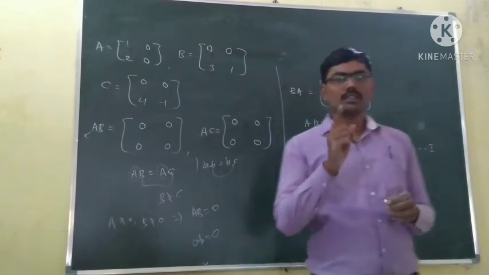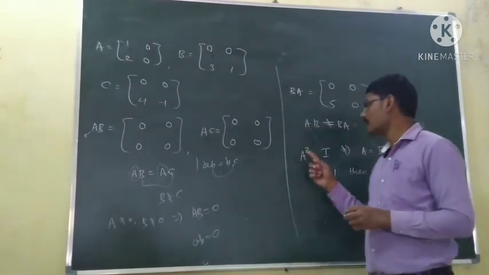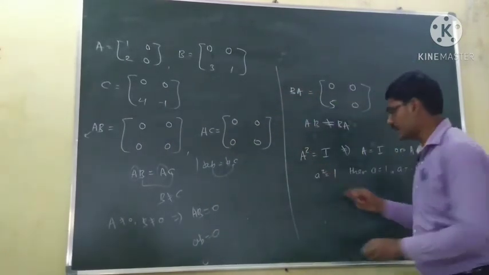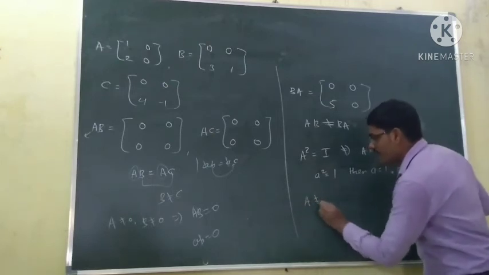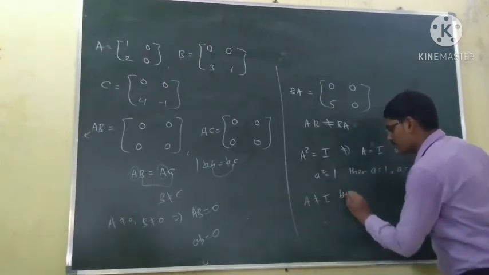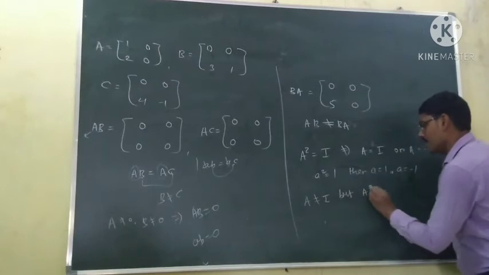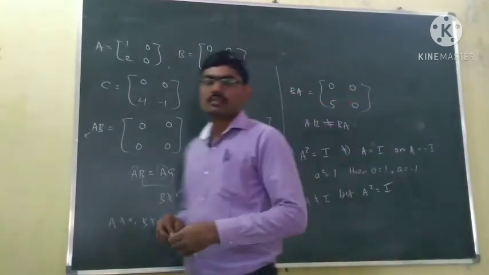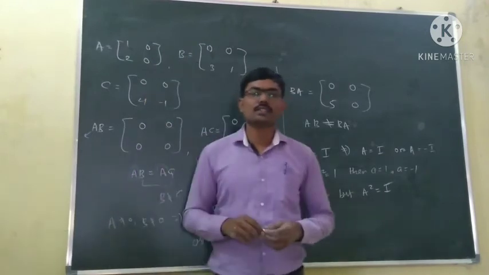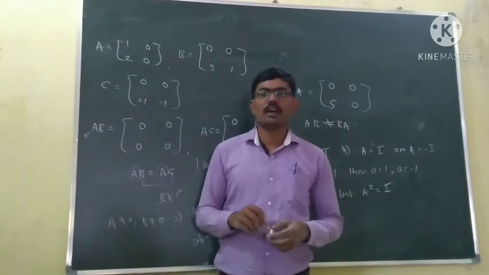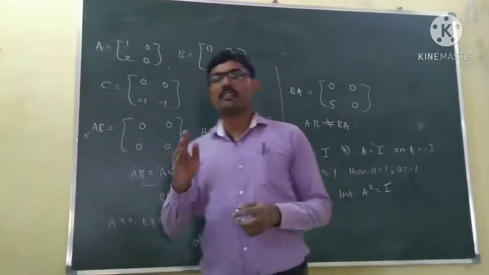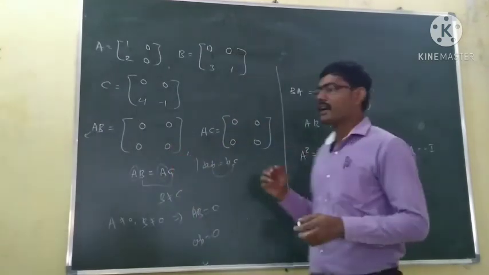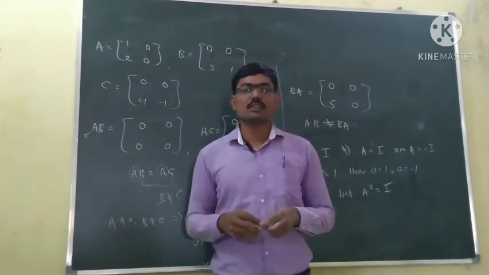So this is the homework for you. Okay, so this is about matrix multiplication. And there is one thing: matrix multiplication is not commutative, but matrix multiplication is associative.